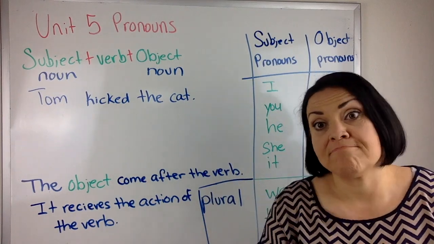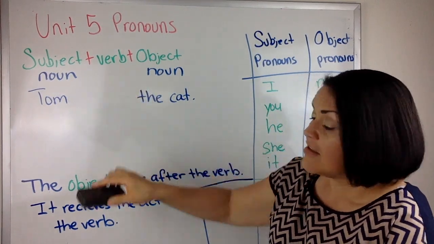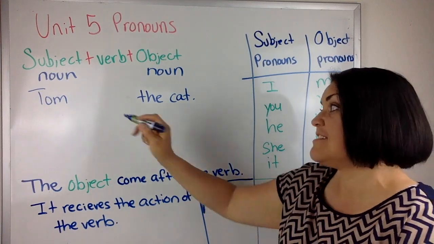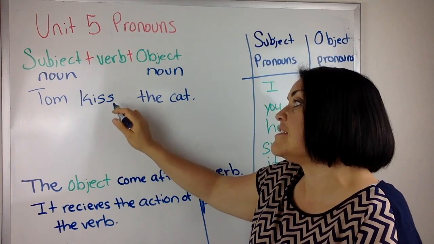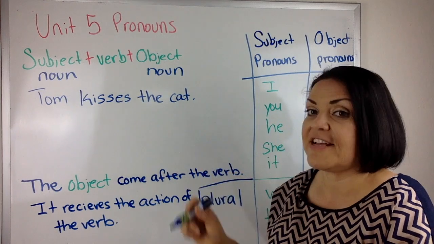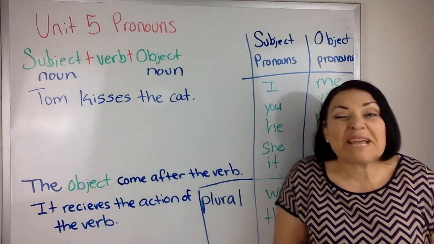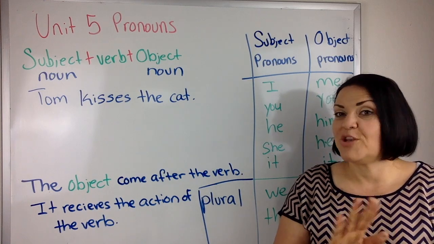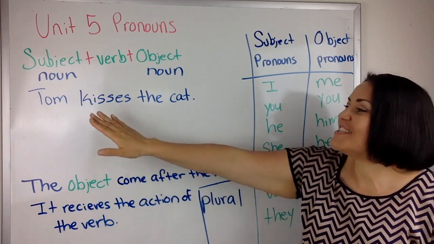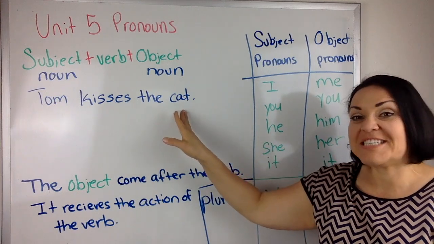Because Tom doesn't have to kick the cat. He could kiss. Tom kisses the cat. Some people like to kiss their animals. Me, no. But Tom kisses the cat. So what does the cat get?